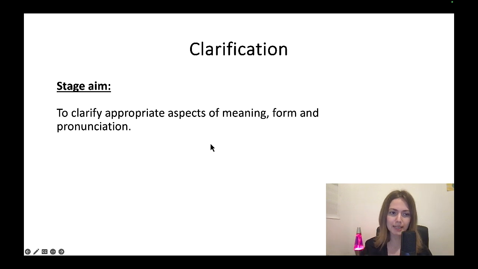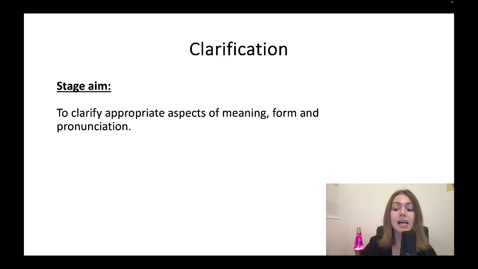You need to narrow it down so that your context reflects the meaning of the target language, if that makes sense. So you have those 3 big sections: meaning, form, pronunciation. Meaning also covers use, so appropriacy. So your register, your formality, your style, that's part of meaning.